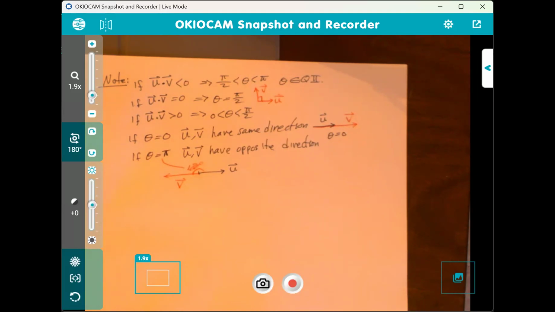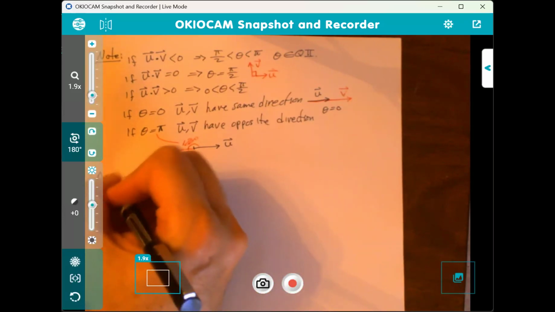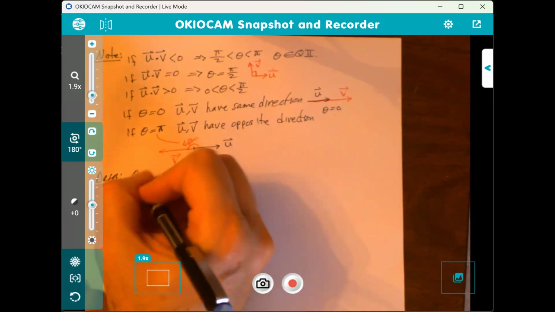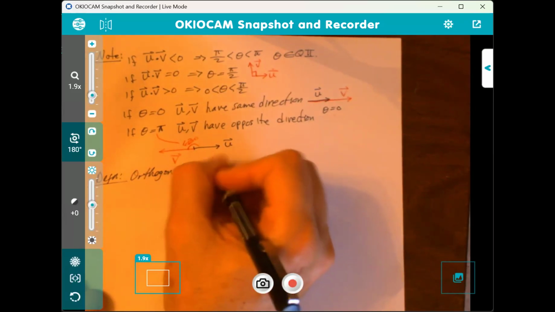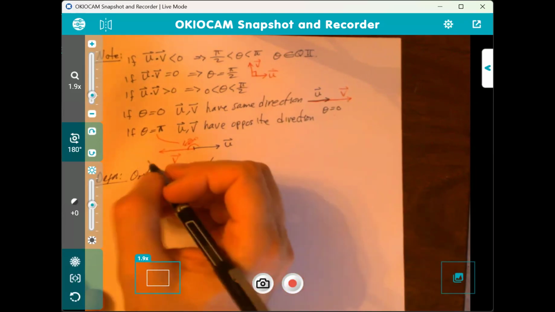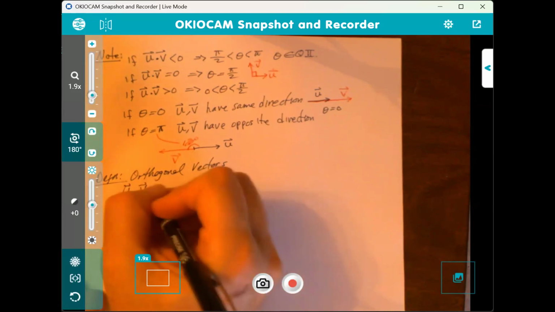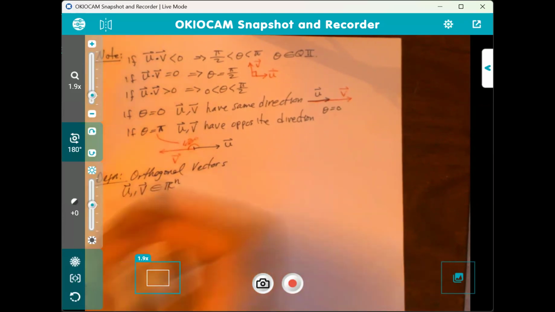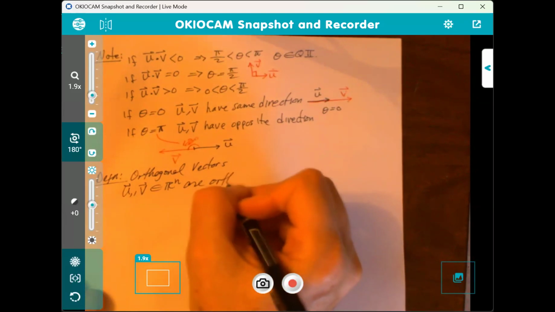So we can actually now define orthogonal vectors. This would be the definition of orthogonal vectors. We're going to say two vectors, u and v in Rn, n-dimensional vectors, are orthogonal.